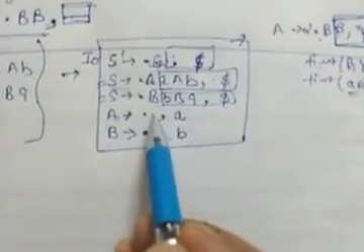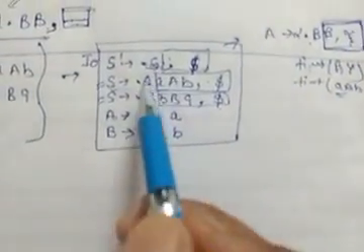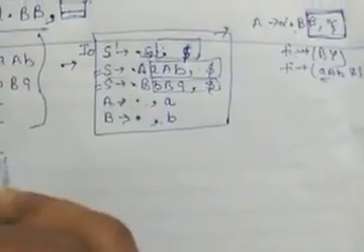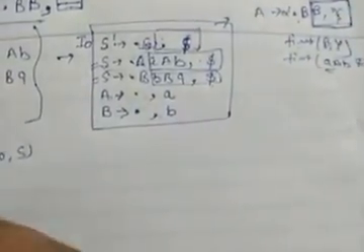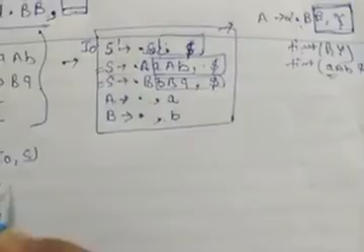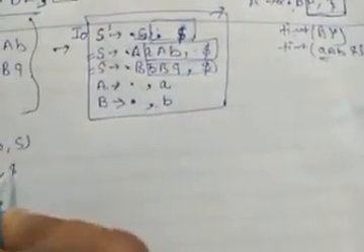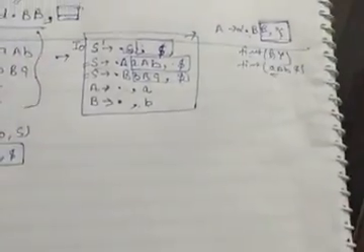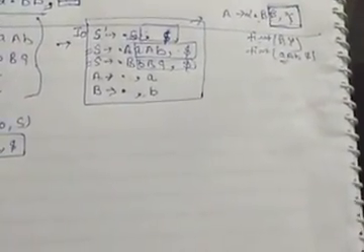Here after b no element is there, so we have to find go to I0 of S, go to I0 of a, go to I0 of b. So go to I0 of S will become S to S dot, and the second element will be like this. Remember one thing: the second element is found by the production from which it is derived. Clear? So it is like this.